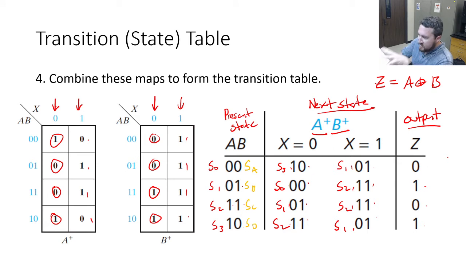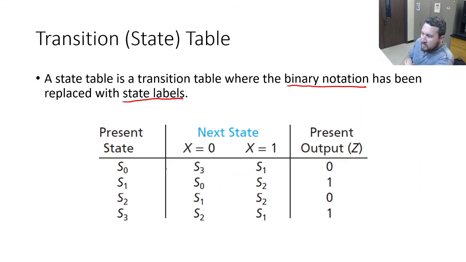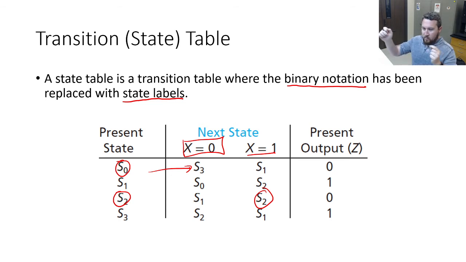But what we're doing is taking that and just mapping these things over, right? So if I'm at state 0 and I get an input of 0, then I go to state 3. If I'm at state 2 and I get an input of 1, well, then I stay at state 2. So we're sort of taking the binary out and we've just focused on labeling what state we're going to go to. And then, of course, output always stays the same. Any questions about the state table?